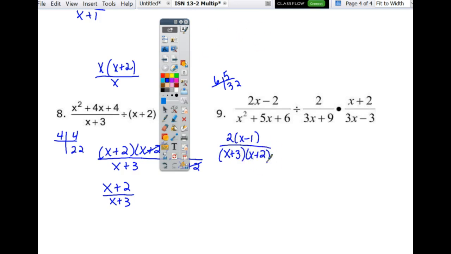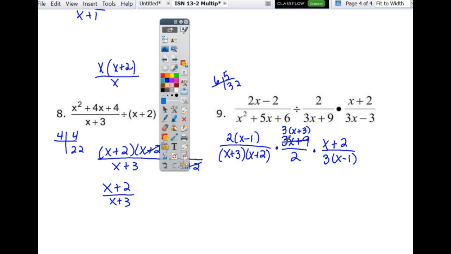So then what do I have next? I'm just going to flip the second one. So I'm going to multiply, and I'm going to put the 3x plus 9 on top, and the 2 on the bottom. And what's the 3x minus 3? 3. But this one, when I flipped the 3x plus 9, I can do 3 times x plus 3.